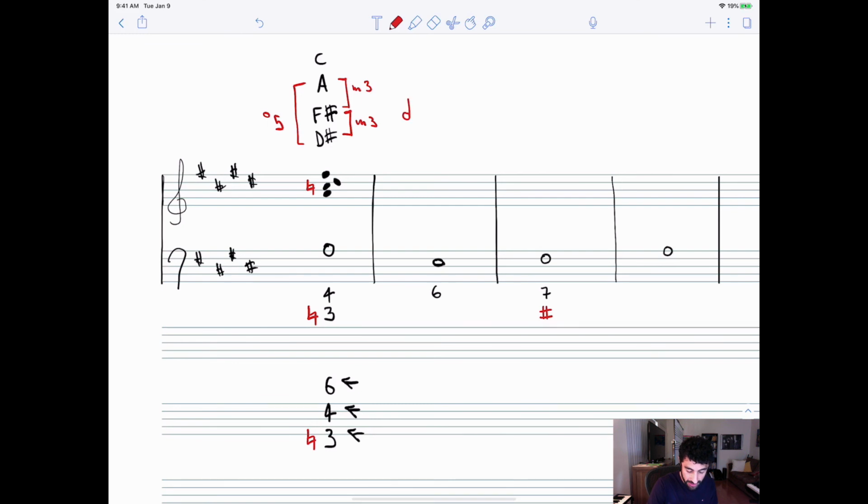I'll put it here, diminished triad. Now I have to figure out the interval between the root and the seventh of the chord. If I get rid of the sharp on the D, I know that D and C would be a minor seventh, because C is not in the key of D major. C sharp would be, so this is a minor seventh.